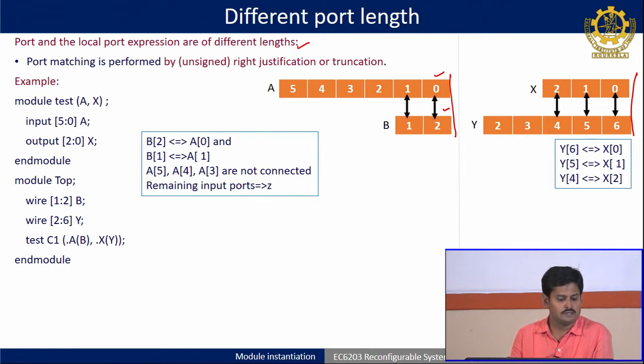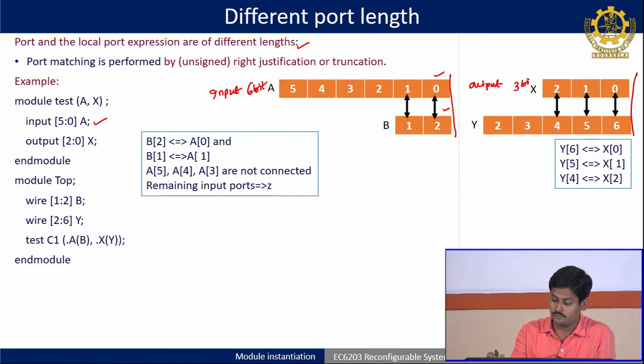So, module, let us say, test a comma x. Now let us say a is how many bits here? A is 6 bit, right, and a is an input, and now x is an output and x is 3 bit. Okay. So, now this is a small design with a small module. Now in the top module we are calling the same thing, where I have taken one wire called B, which is again 2 bit.